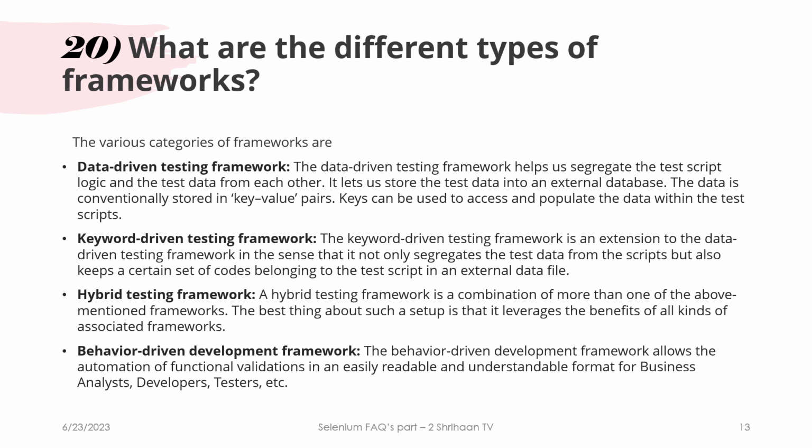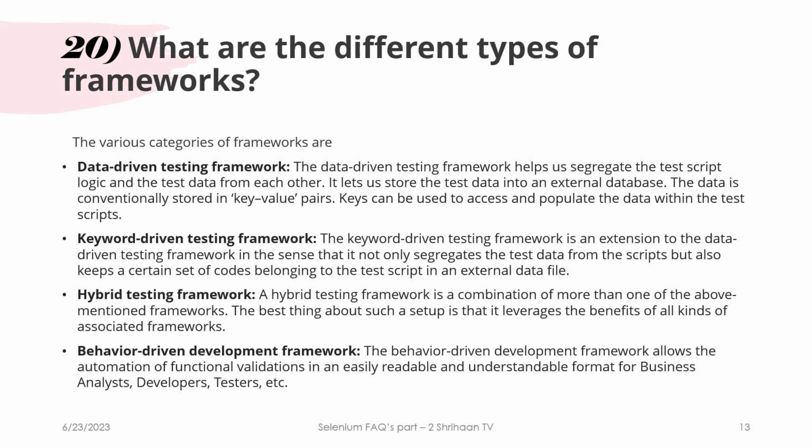And the hybrid framework is a combination of more than one of the above mentioned frameworks. The best thing about such a setup is that it leverages the benefits of all the associated frameworks. So we can combine multiple frameworks in a hybrid testing framework. And data-driven and keyword-driven testing frameworks are very old, but people are still using them.